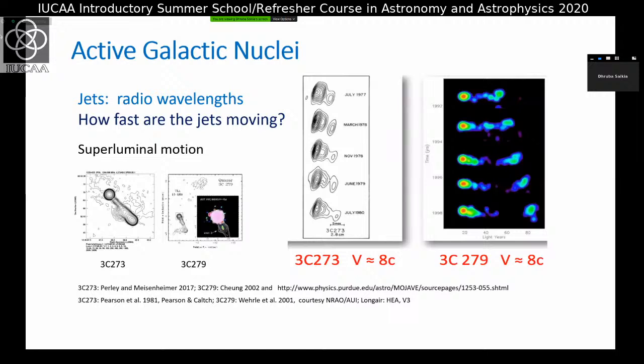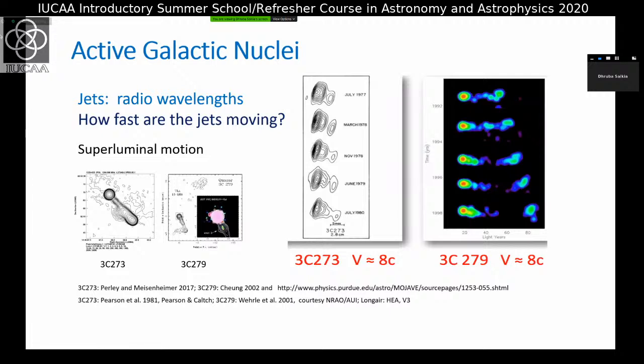And to monitor the motion, you also need a clump or blob of emission. Otherwise, how do you measure what is moving if it is continuous and diffuse? This was done by radio astronomers in the early 70s, and it is called very long baseline interferometry. To get these resolutions, given approximately by the wavelength divided by the diameter, you need antennas which are spaced across the globe.